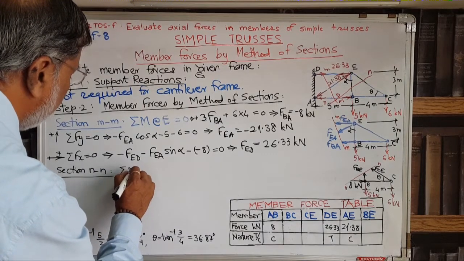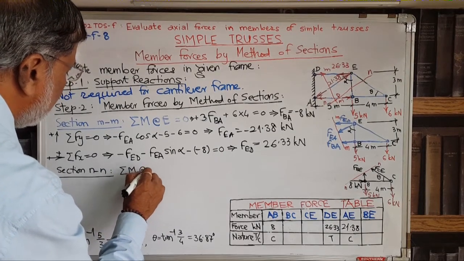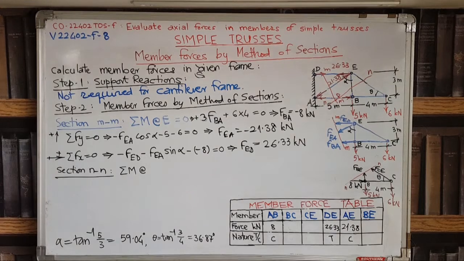Now we have to decide the point about which we have to take the moments. We have got point B here, point C here. If we take moments about point B, we will see that this BE will vanish. Its moment about B will be 0, and we will get the answer only for FCE. So this is a convenient member.